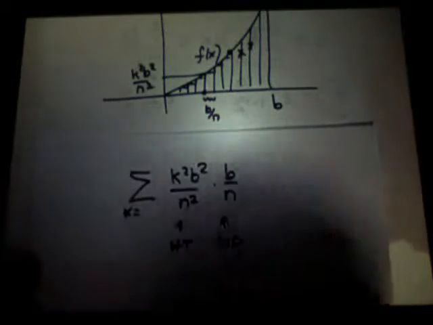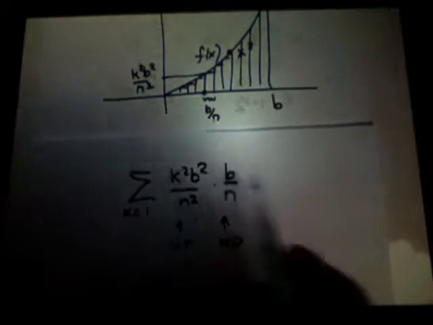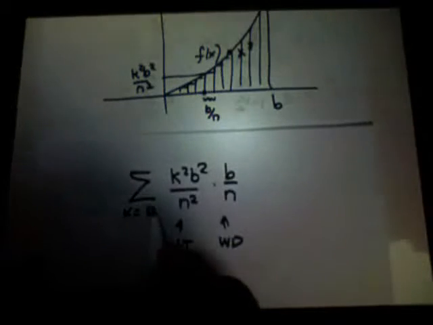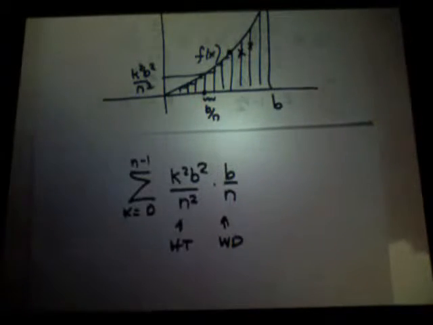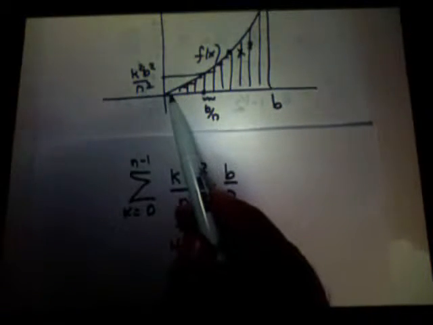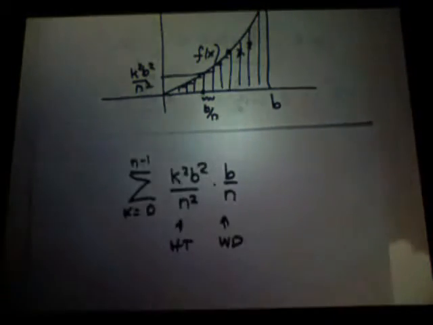K goes from, what, 1 to n? If I'm using the left-hand side, it really goes from 0 to n minus 1. If I'm using the left-hand side, the first rectangle has no height, and then I'm one unit over, I'm over b over n. So I square that across.